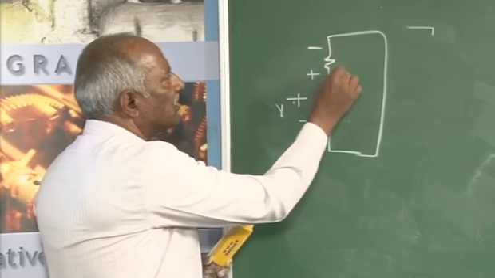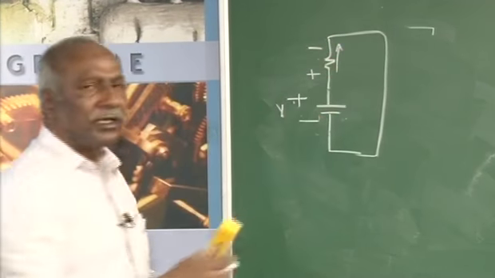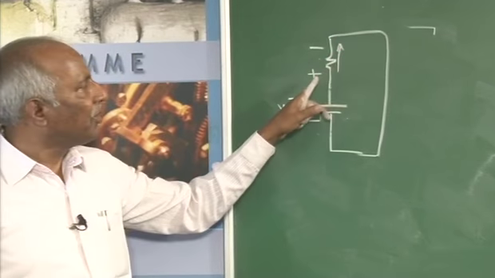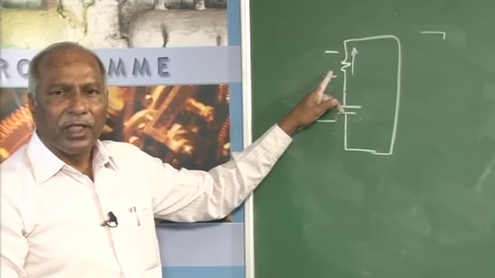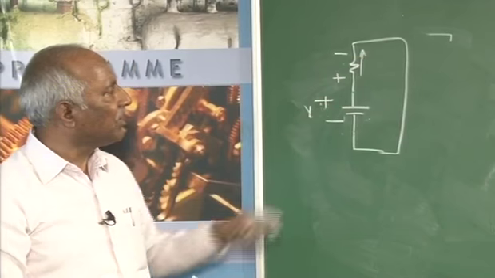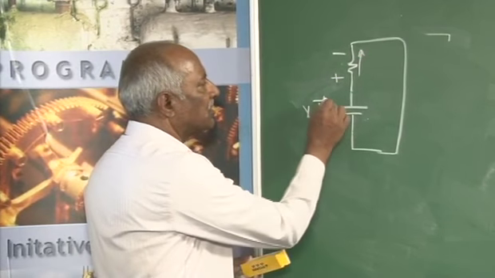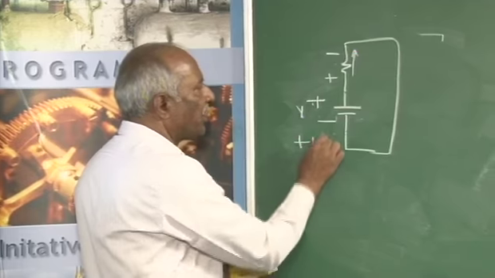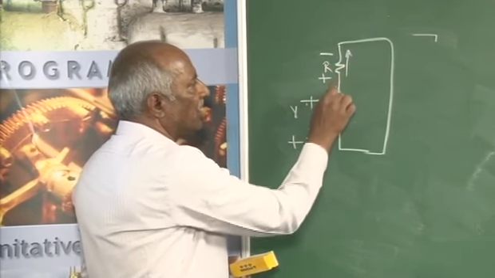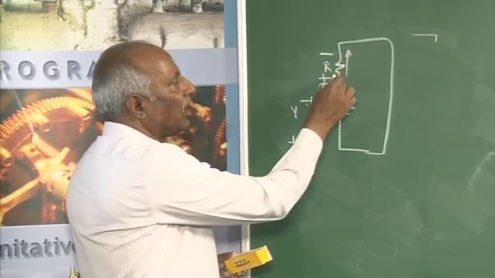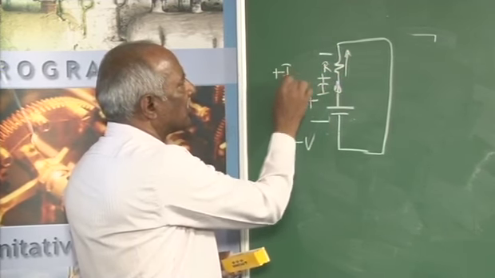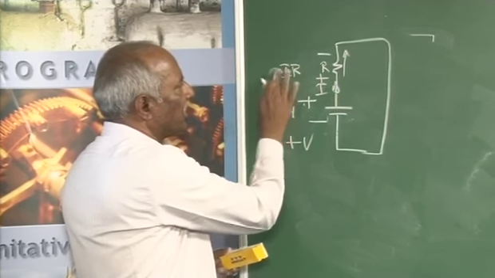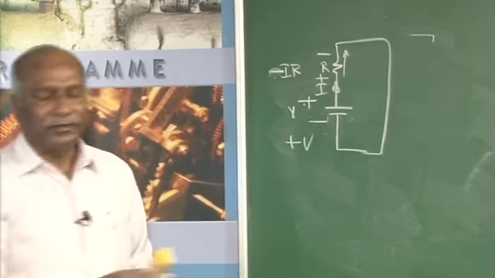And when you are tracing the drop across a resistor in the direction of the current, that is from plus to minus, the voltage drop can be taken as negative. However, there are conventions to go for the other way also, but we will go for this one. Tracing from negative to positive of a voltage source is taken as plus V. If this is R and this is I, tracing the drop across a resistor in the direction of the current is taken as minus IR, that is plus to minus means minus IR.